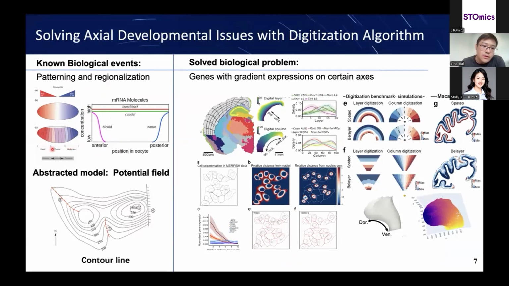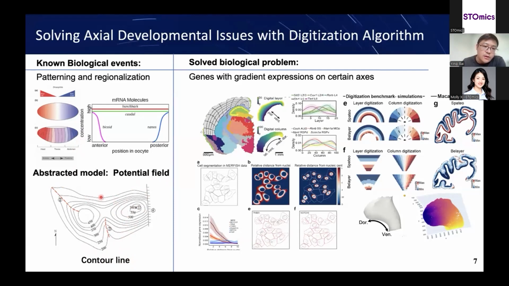For example, one gene could be highly expressed in the anterior, but it decreases along the axis to the posterior. So we abstract the model into a potential field. This is an example of a potential field. I use the contour line, the iso-height, to demonstrate this method.